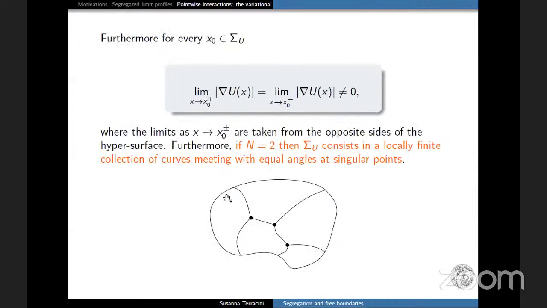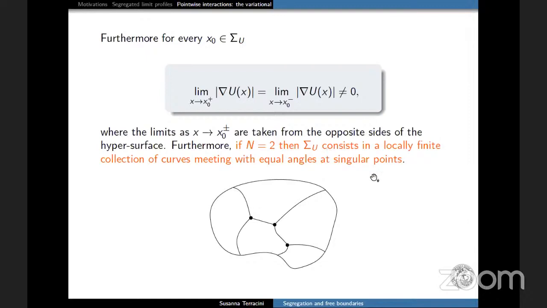And the stationarity condition implies that at the regular part of the boundary, when you pick a point in this regular part, there are only two components which are non-zero in a neighborhood, and these two components have the property that at this interface their gradients are equal and opposite.